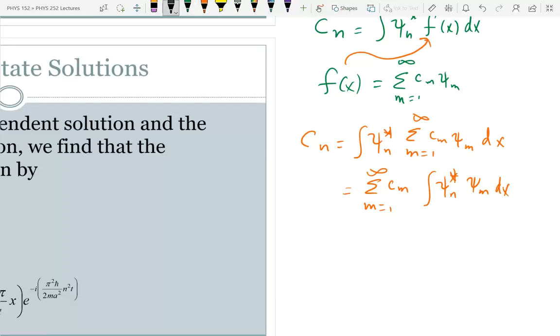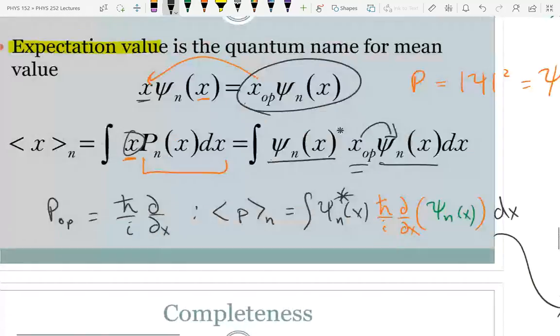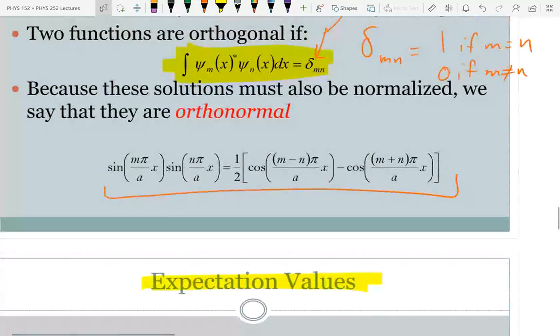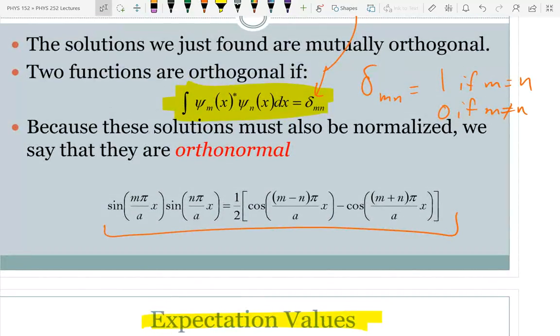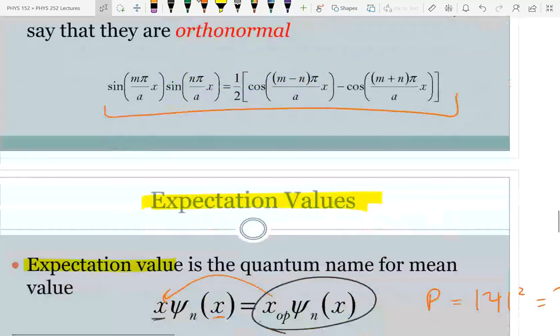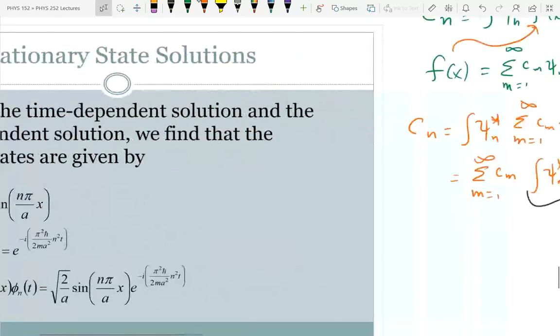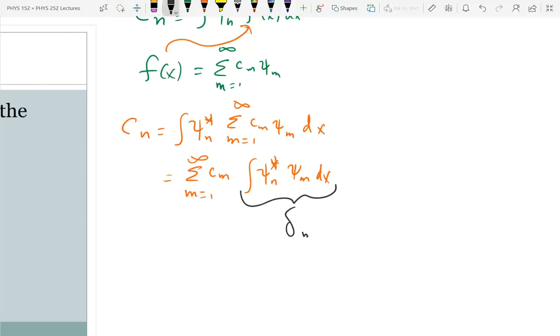But we have already seen this. What did that equal? That was that Kronecker delta. It's either 1 or 0. It's 0 unless m is equal to n, which means that this summation is going to collapse down to just one thing, C sub n.